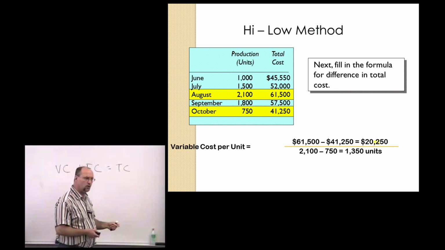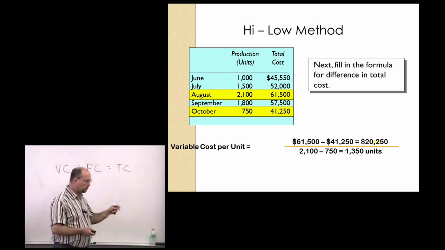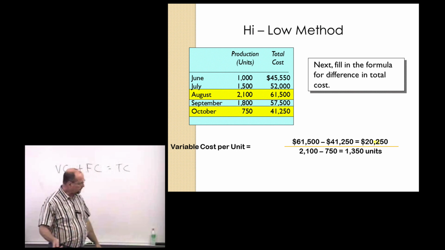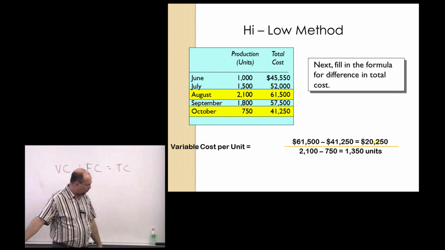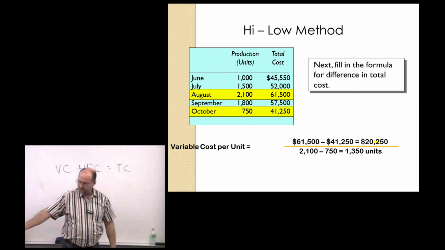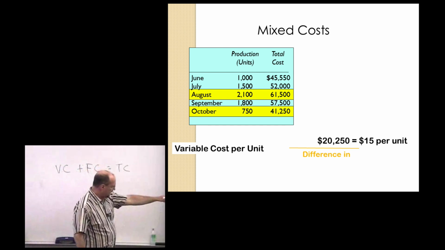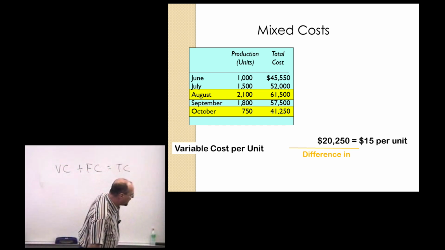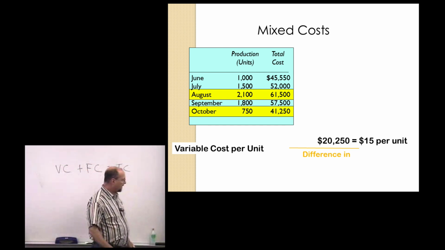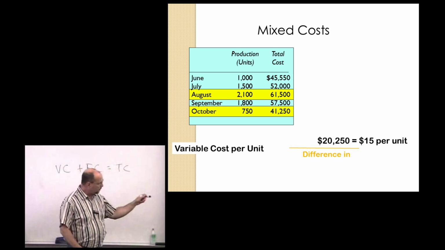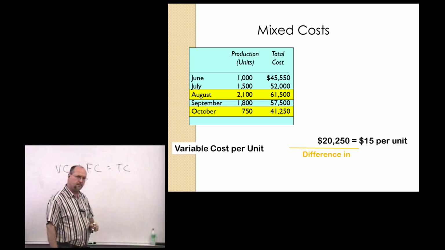If you refer back to your variable cost in total graph, it's a linear line going up. Therefore, we divide 20,250 by 1,350 units, and 20,250 divided by 1,350 equals a variable cost per unit of $15 per unit.